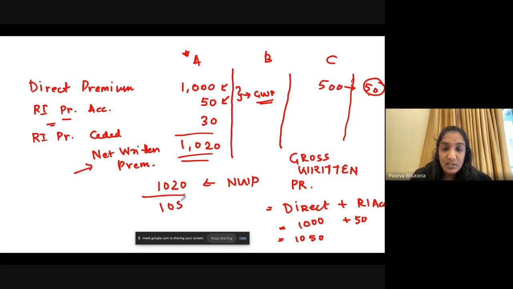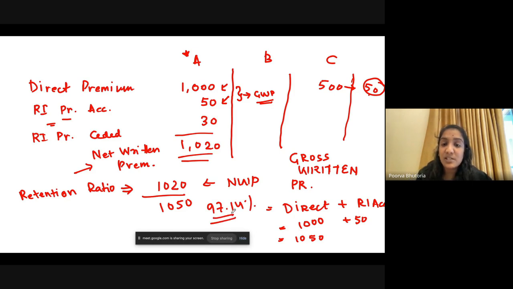So what is the retention ratio? It's 1020 by 1050. So that's 97.14%.